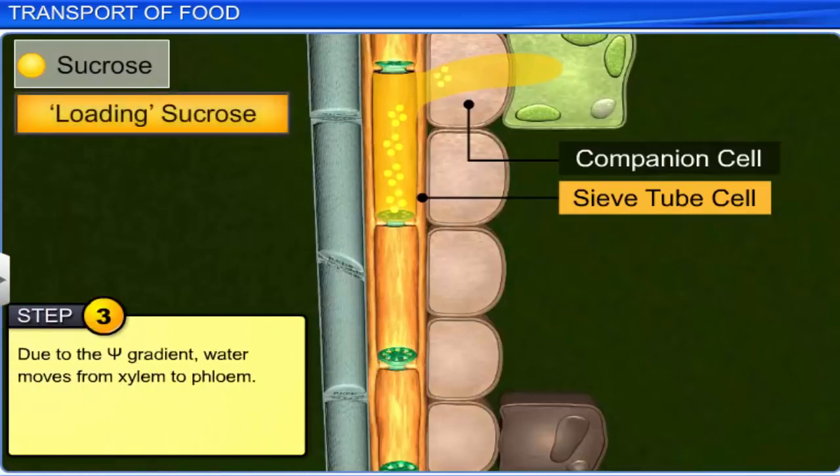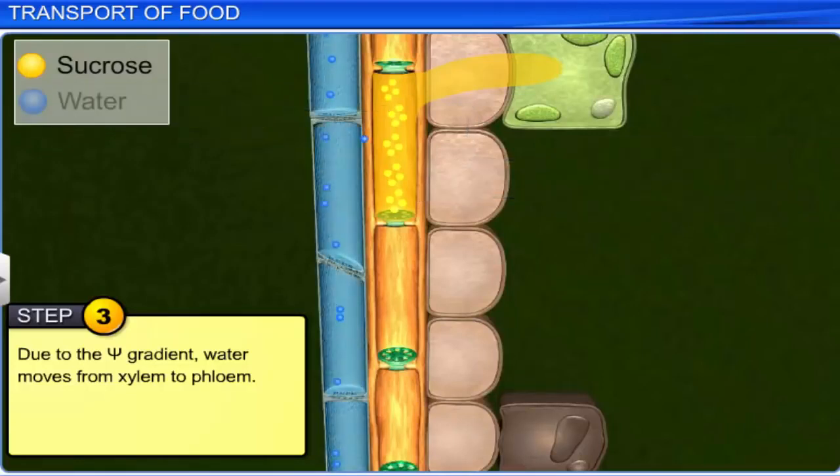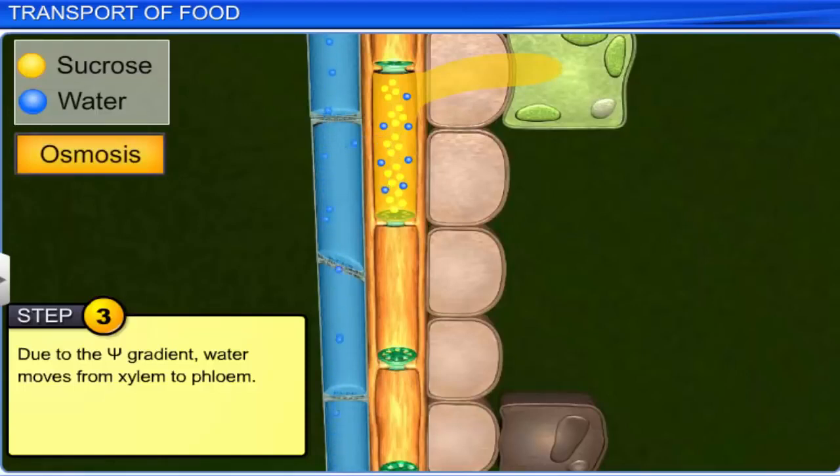This process of loading of sucrose into the phloem causes a hypertonic condition and sets up a water potential gradient. This in turn results in osmosis, which causes water to move into the phloem from the adjacent xylem cells.